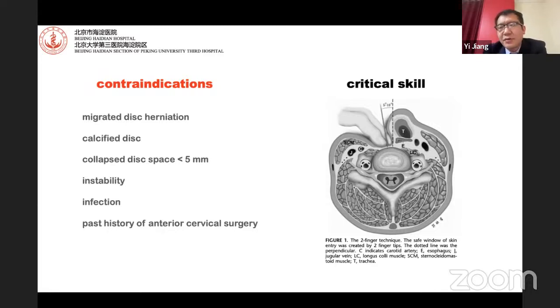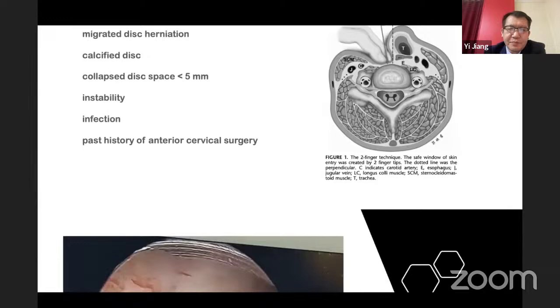This procedure has a critical skill, the two-finger technique. We use our index and middle fingers to push away the visceral structures and arterial structures for a safe window. But for some fat patients, this safe window is not enough.